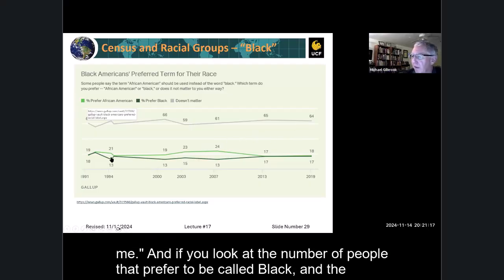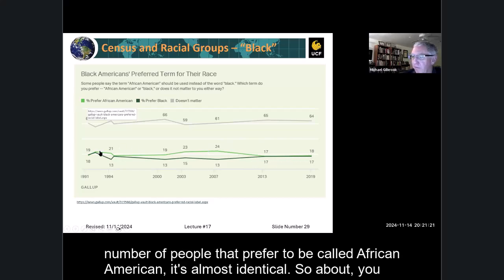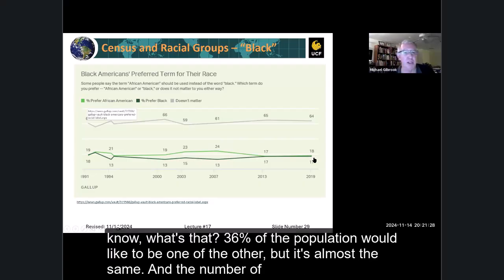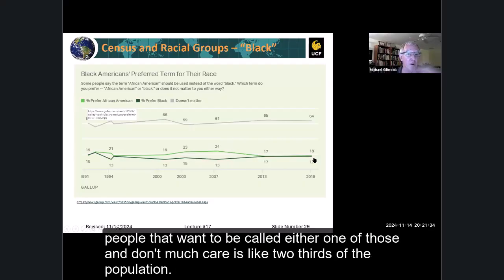And if you look at the number of people that prefer to be called Black and the number that prefer to be called African American, it's almost identical. So about 36% of the population would like to be one or the other, but it's almost the same. And the number of people that want to be called either one of those and don't much care is like two thirds of the population.